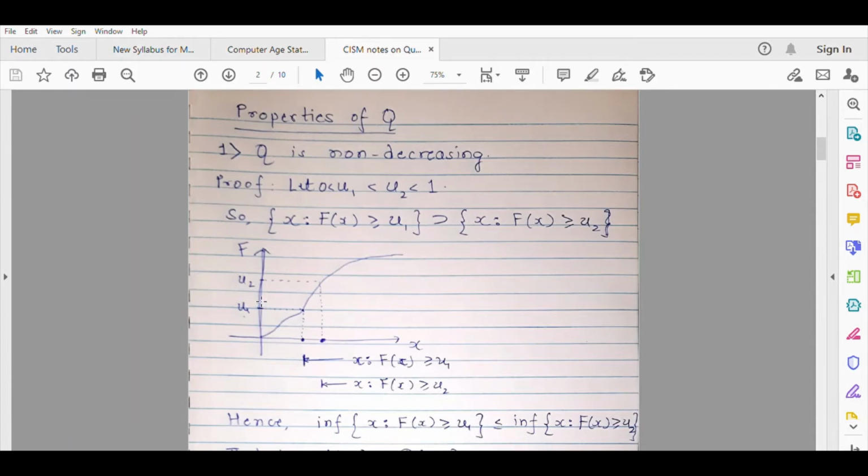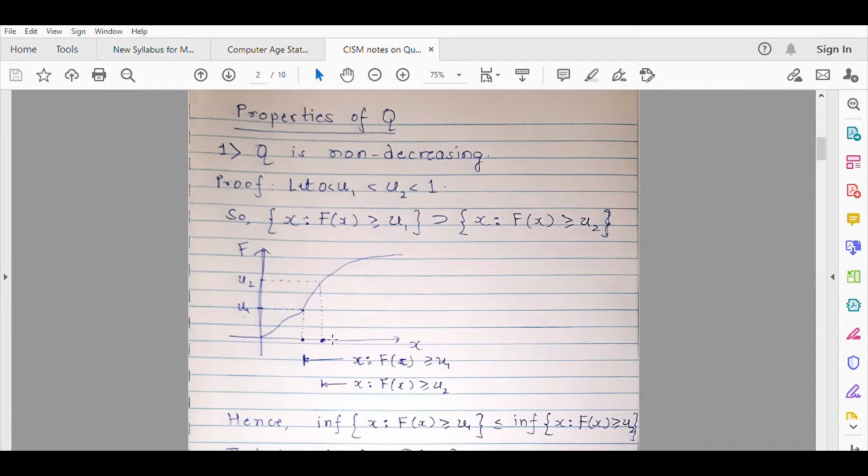To understand them, I have drawn perpendiculars on the curve of F from the point U1, and another one on the X axis. Notice that this point is say A1 and this point is say A2, and A1 is smaller than A2.